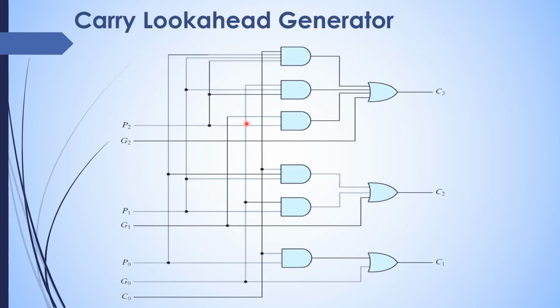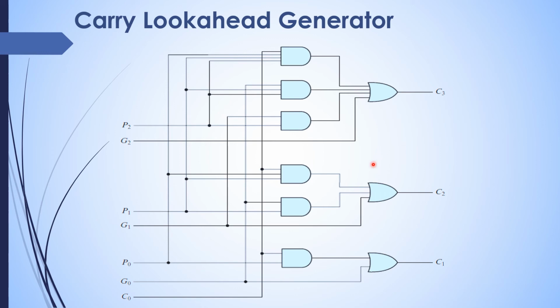Since the Boolean function for each output carry is expressed in sum of products form, each function can be implemented with one level of AND gates followed by an OR gate. The three Boolean functions for C1, C2 and C3 are implemented in the carry look-ahead generator.